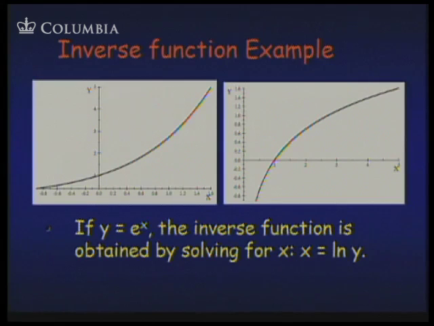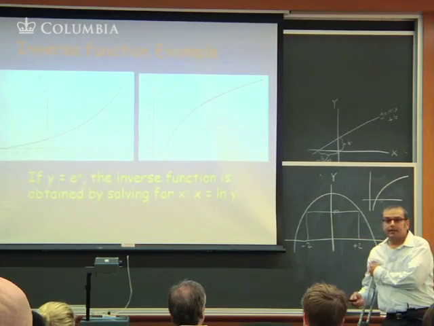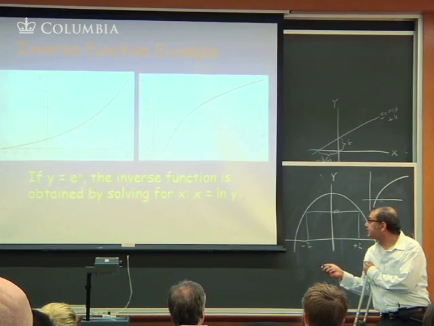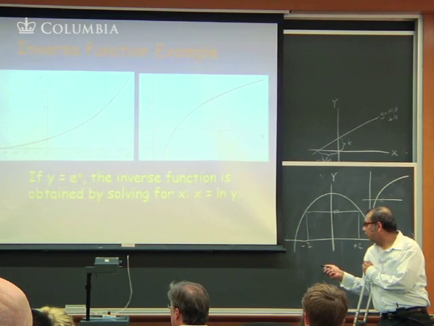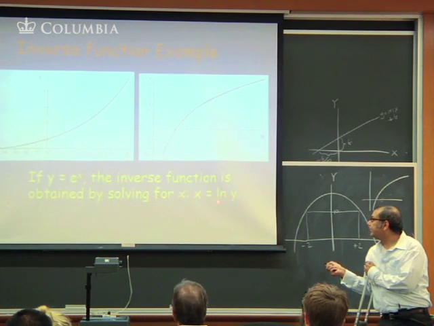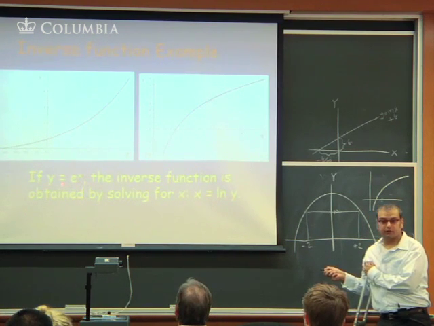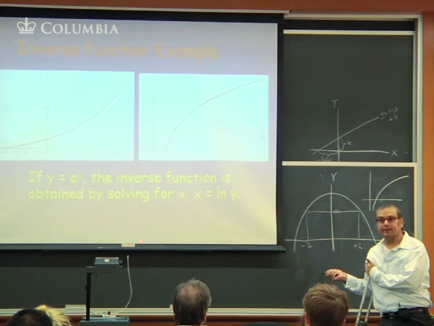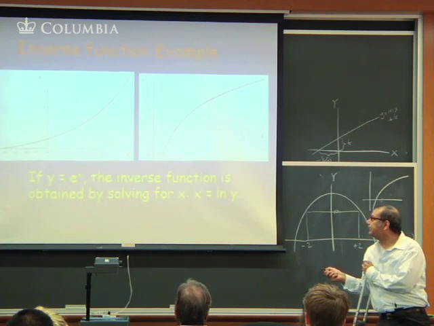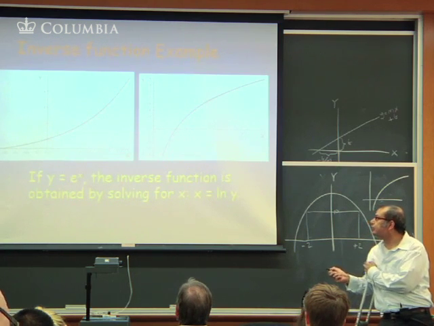Okay, let's keep going. So the inverse function. I had given you the exponential function and the log function. These two are related in that the natural log is the inverse of the exponential function, and vice versa. And you can see this when you put the two next to each other.